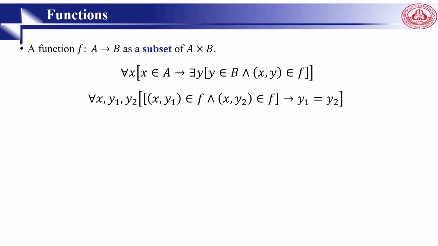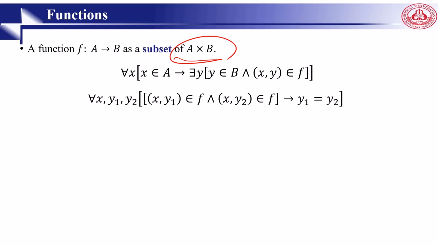A function f that maps A to B can also be defined as a relation. We already know that a relation is a subset of the Cartesian product. This subset is restricted to be a relation where no two elements of the relation have the same first element.